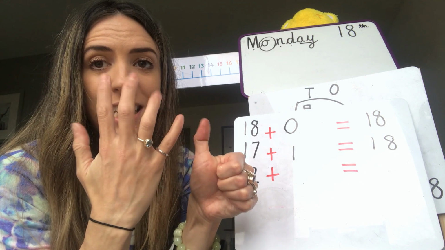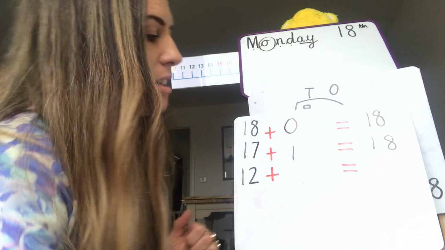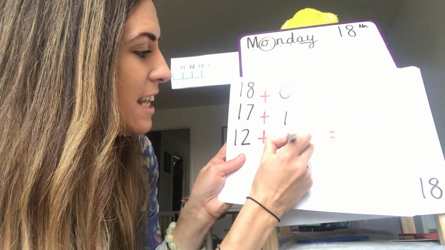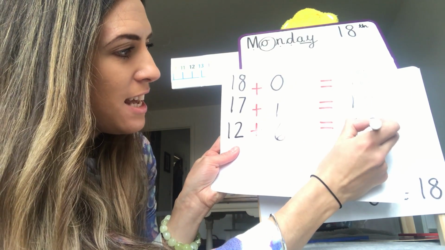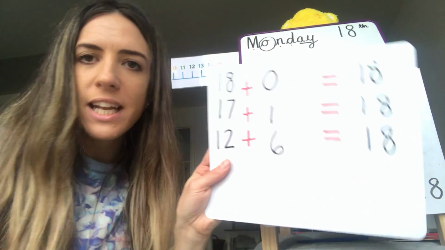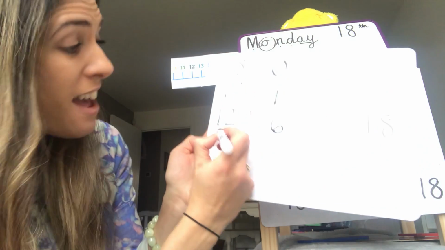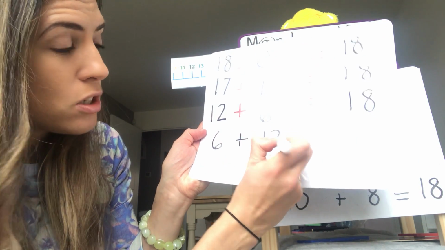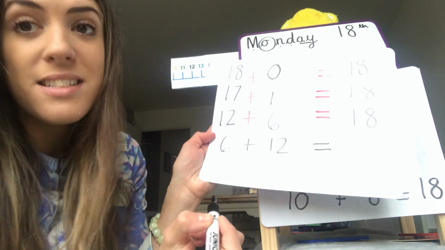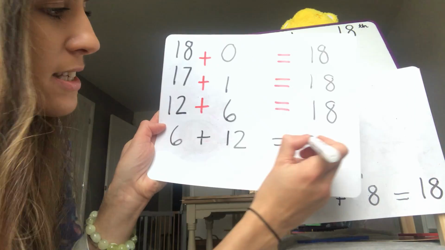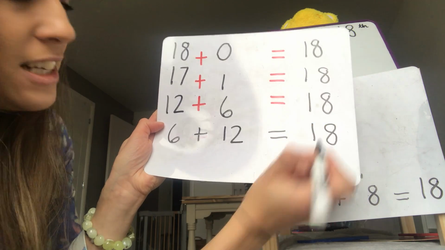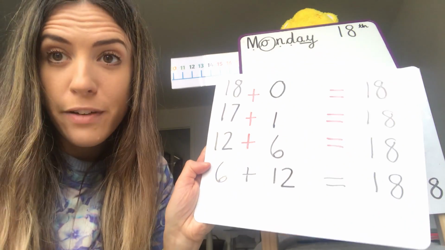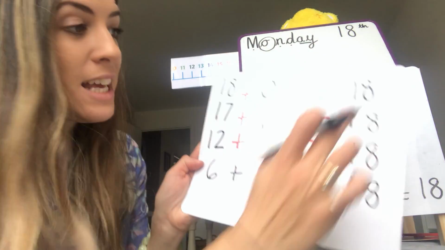So how many have I added? 6. Good. 12 add 6 equals 18. Oh, I can hear some of you saying, swap it round. Yeah, I could do it the other way around. 6 add 12, it doesn't matter which way round it is. You can turn it round the other way. It still makes the same amount. 18.